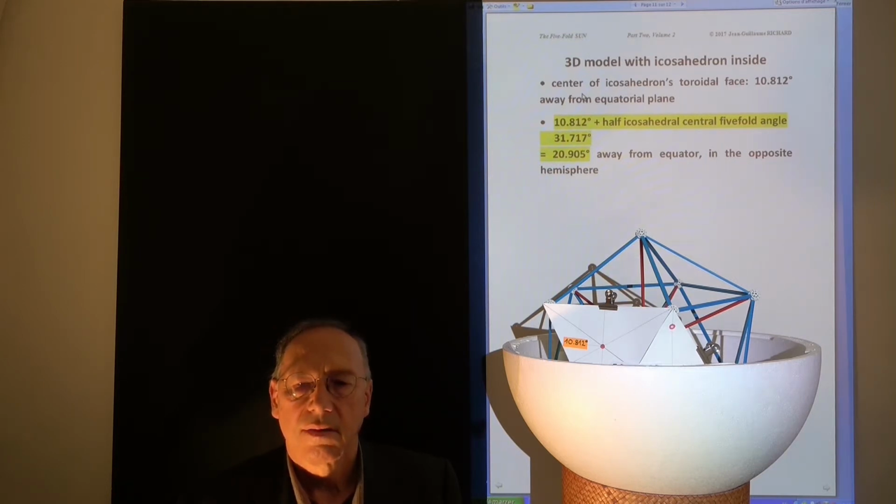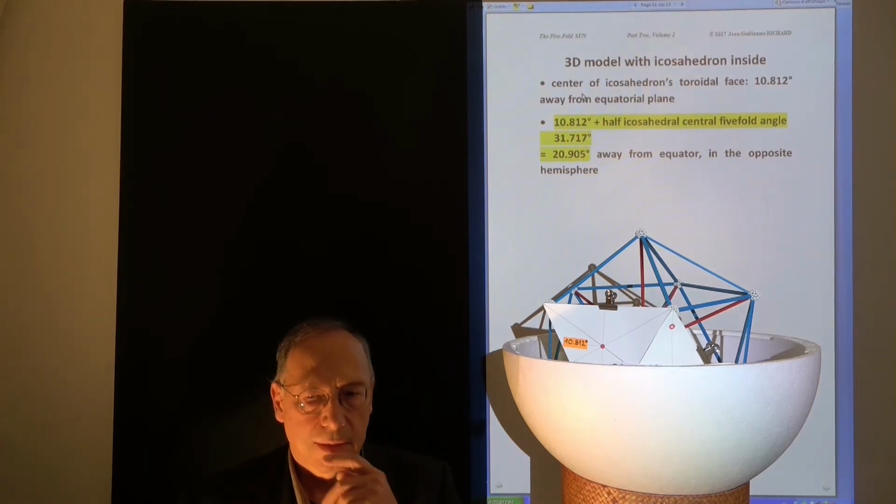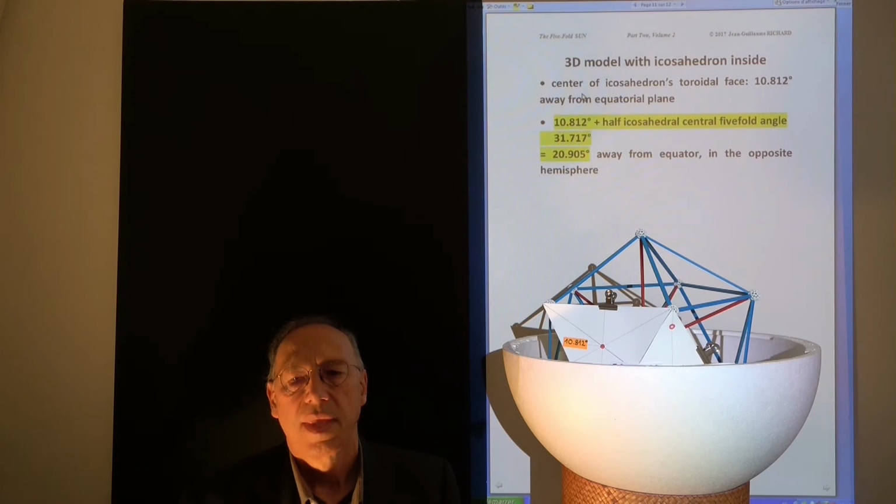And on the wire model is now superposed a white sheet of paper which represents a front face and a second face next to it. The tip of one of the two faces is in the northern hemisphere, and the tip of the other face is in the opposite hemisphere.